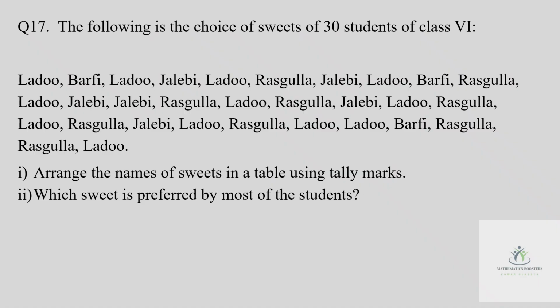Next, the following is the choice of sweets of 30 students. So first find out the types of sweets. One type is laddu, we have barfi, next is jalebi, then we have rasgulla.